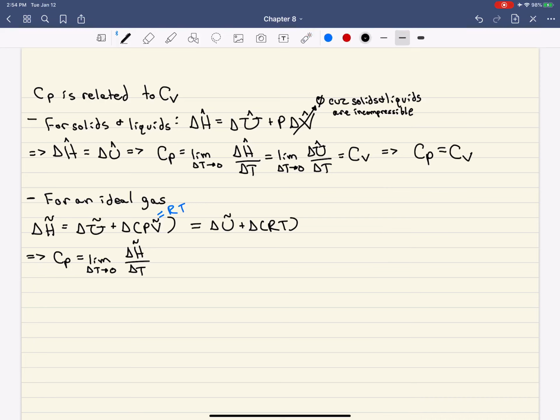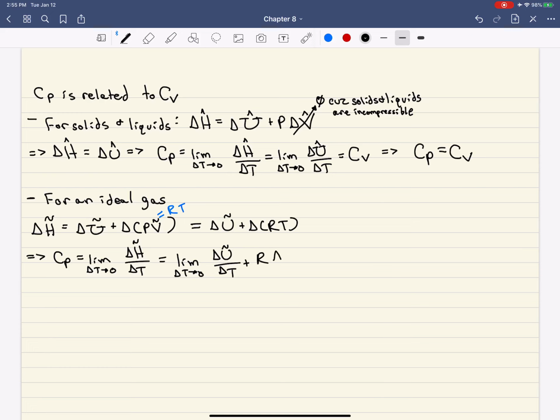But in any case, our constant pressure heat capacity is going to be equal to the limit as delta T goes to 0 of squiggly h over delta T. But now we could apply this relationship. Now we have this, plus the gas constant, which is a constant, so that will just get pulled out.